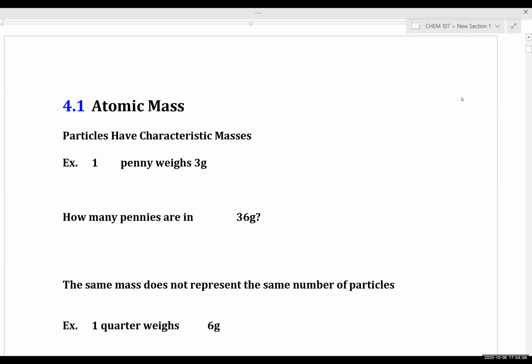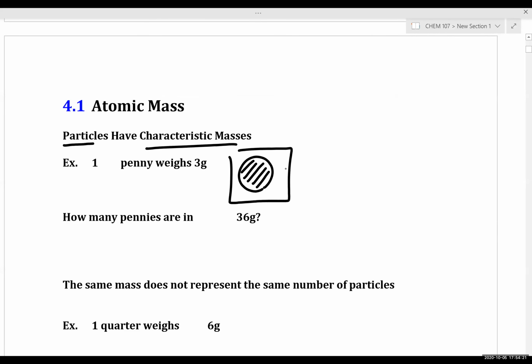So let's start off with this basic premise. For atomic mass, all particles have a characteristic mass. For example, if I put a penny on a scale, this penny will weigh about 3.0 grams.